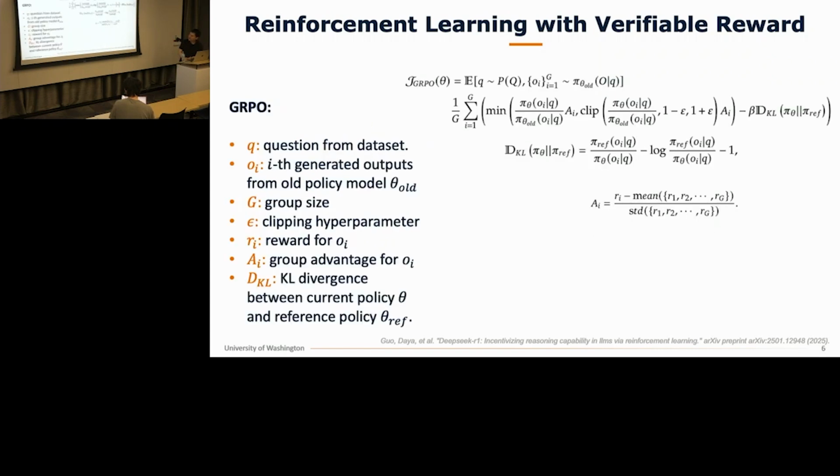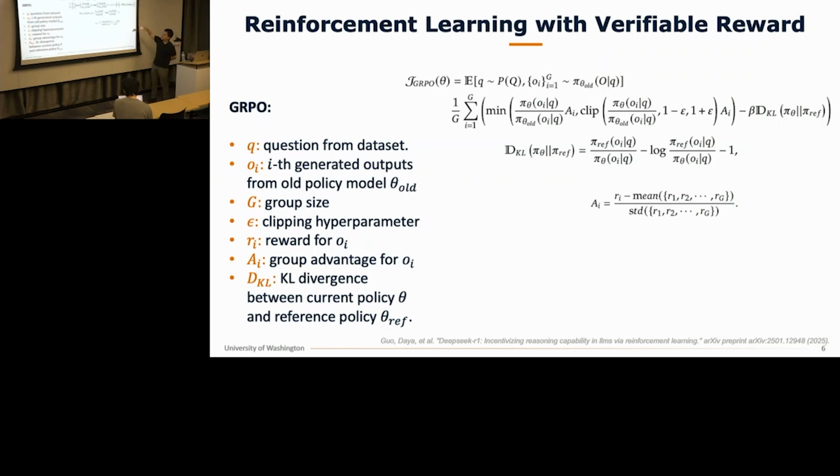Let me dig a little bit into this formula, because later we'll do ablation studies on how different parts of this loss function affect the final performance of the language model. So I'll just briefly talk about what these terms are.